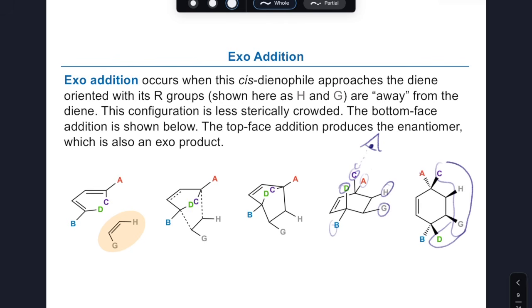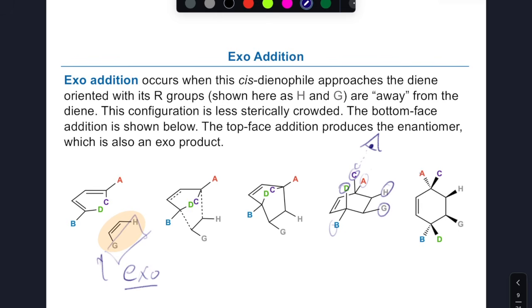So what we're trying to emphasize here is that if we go in from the bottom, and these two groups are in the exo presentation outside the ring, what you end up with is they end up being syn to whatever happened to be on these two interior positions. So whatever group used to be at this interior position ends up syn to groups that were in that exo position. The relative geometry across here is what we're setting by having these both be syn to each other.